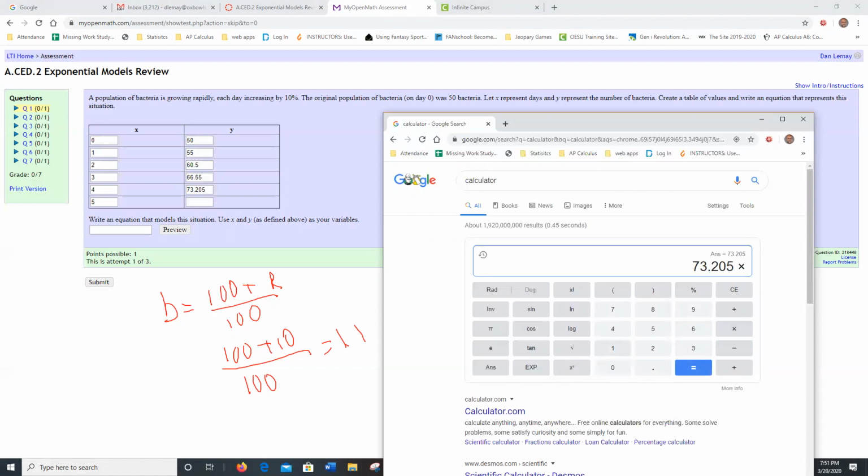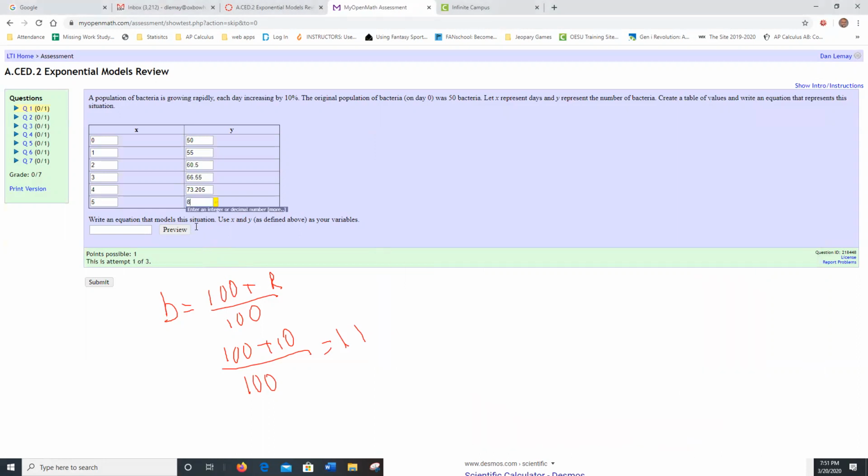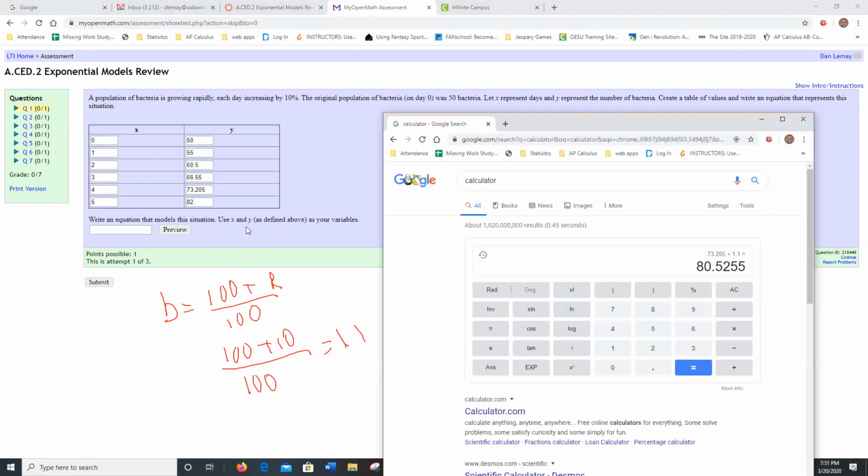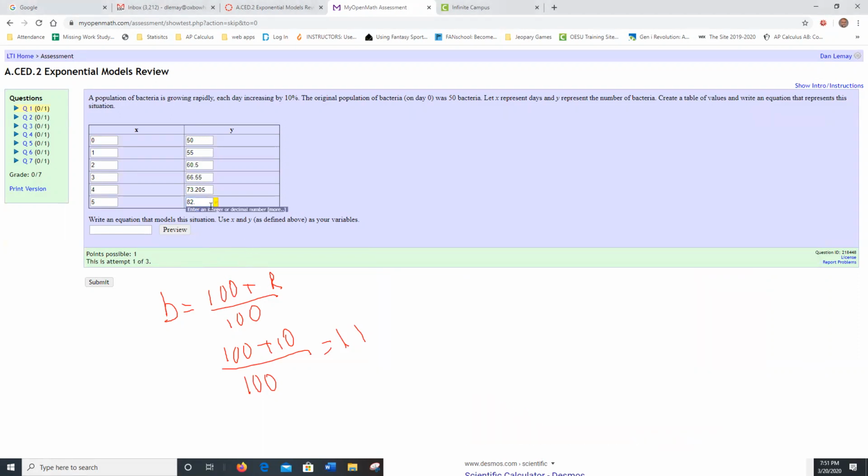I hope you said 1.1. I've got to be able to enter the right value, 80.5255.